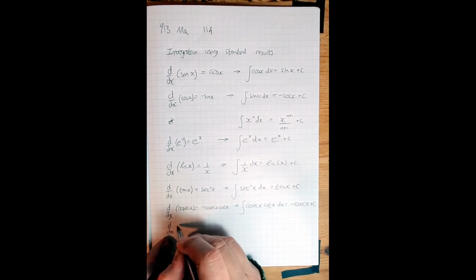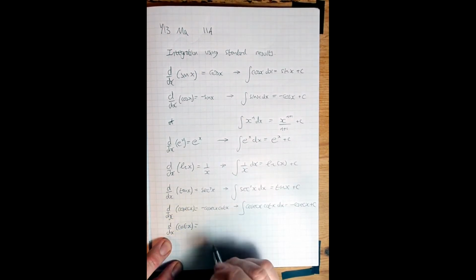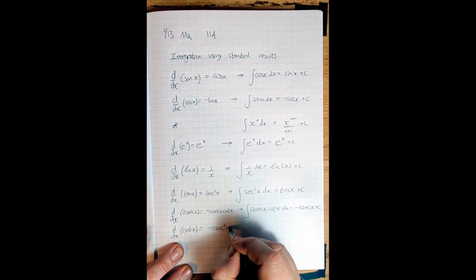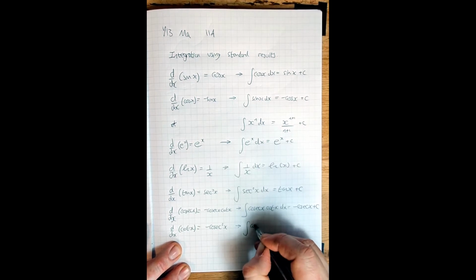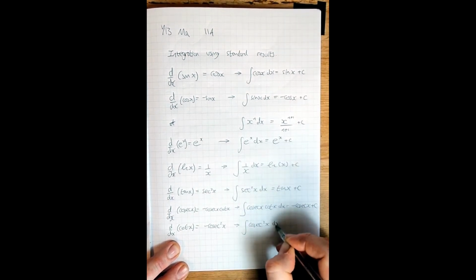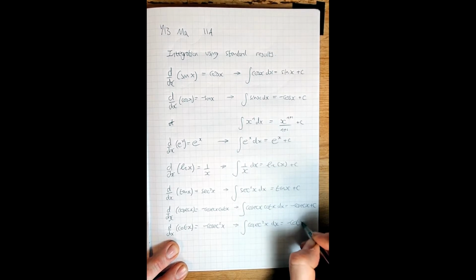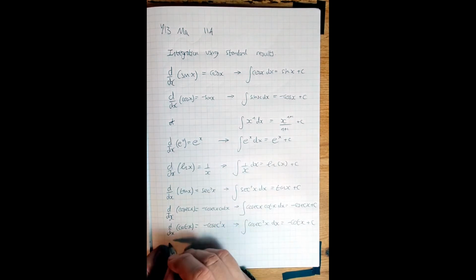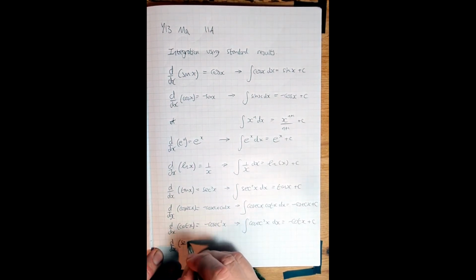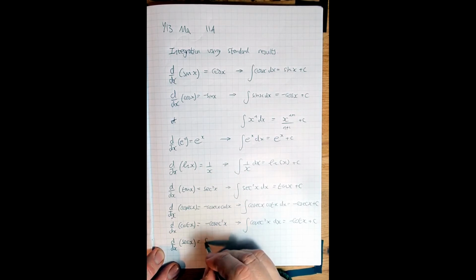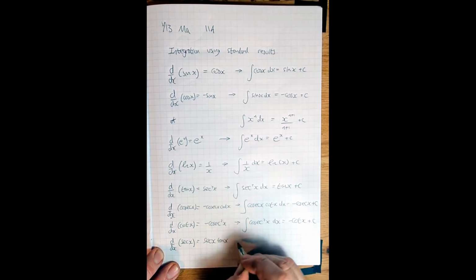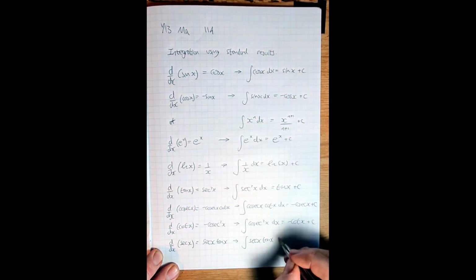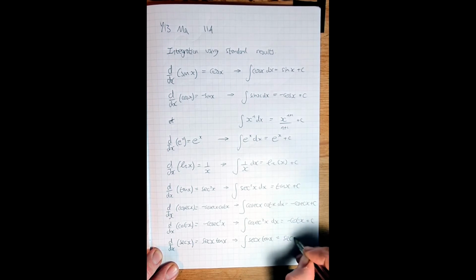We're also given that cot x differentiates to minus cosec squared x, and so cosec squared x integrates to minus cot x. And the last one, we're given that sec x differentiates to sec x tan x, and so of course sec x tan x integrates to sec x.